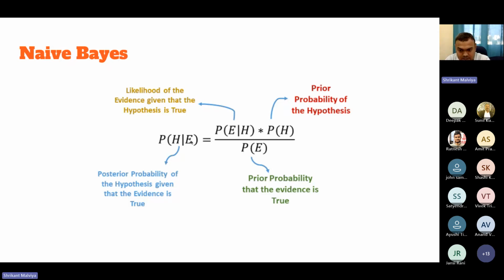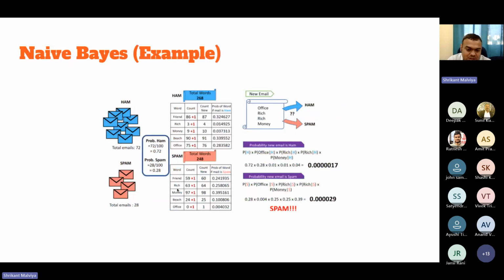Don't worry, we'll also see through the demo how it is done. This slide explains it with an example. The example taken is to classify a given email as spam or not. Let's clarify the example.